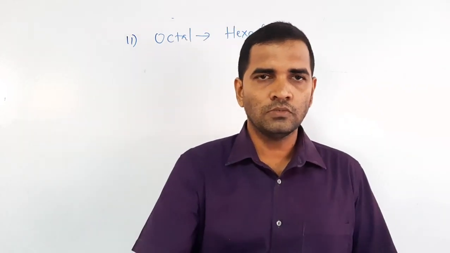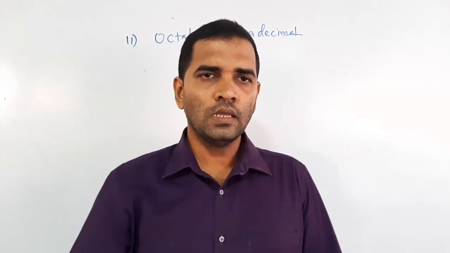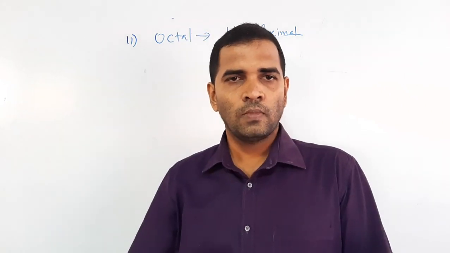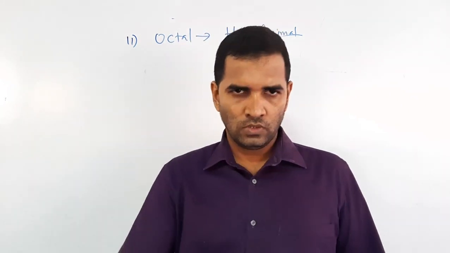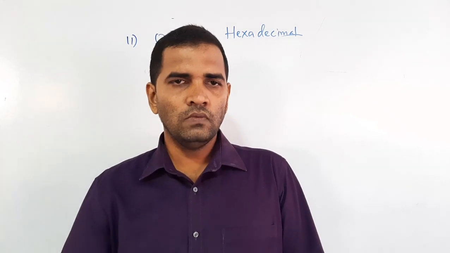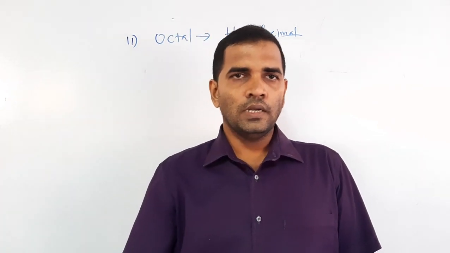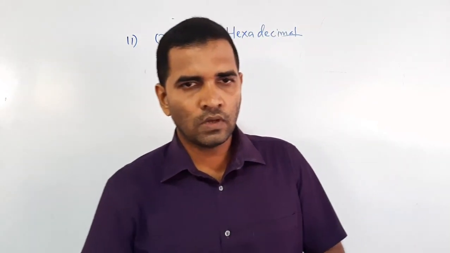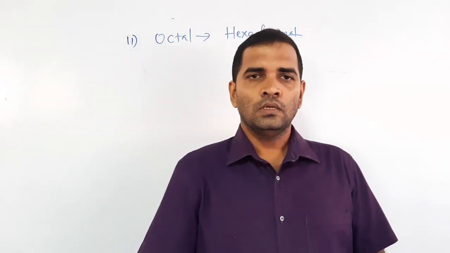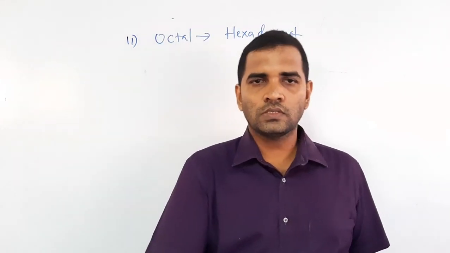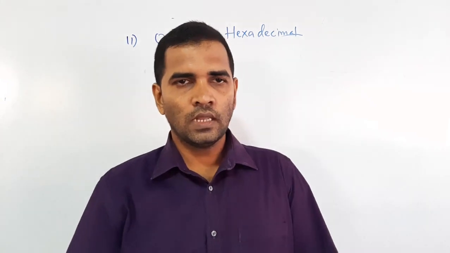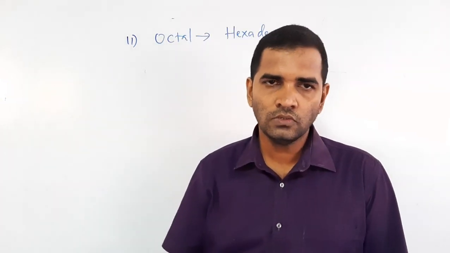If it is decimal to binary, we directly converted a decimal into binary. Even if it is binary to octal, we converted directly. But this is something different from what we did earlier. In all those 10 conversions, a number system has directly been converted into another one.